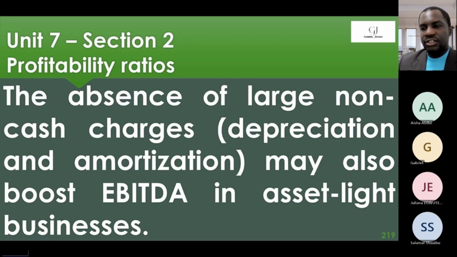So look at where this comes in now, Julie. The adding back of depreciation and amortization will help boost it if the depreciation and amortization is not large. Yes. So look at what they said. It may boost EBITDA in an asset-light business. So where the assets don't have high depreciation or they are not capital intensive, your EBITDA is always positive and has a positive outlook or result. So take note of that.